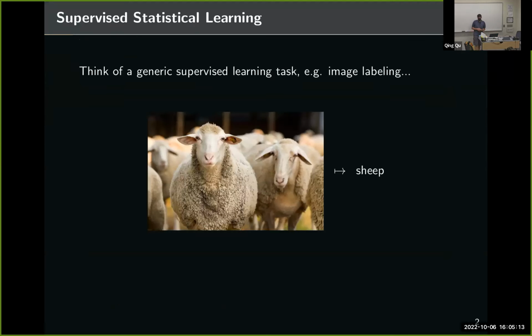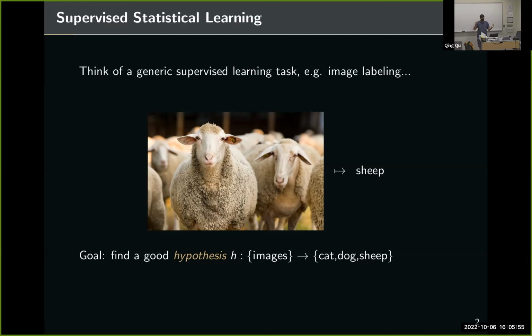To start off, when you think about machine learning, there are lots of different paradigms. We'll focus mainly on supervised learning. So think very generically about some prediction tasks, maybe image labeling. You have some complex feature vector like an image, and you want to assign some sort of prediction. The goal is to find what I'll be calling a hypothesis or an algorithm, some model, which maps, in this case, images to a possible prediction.